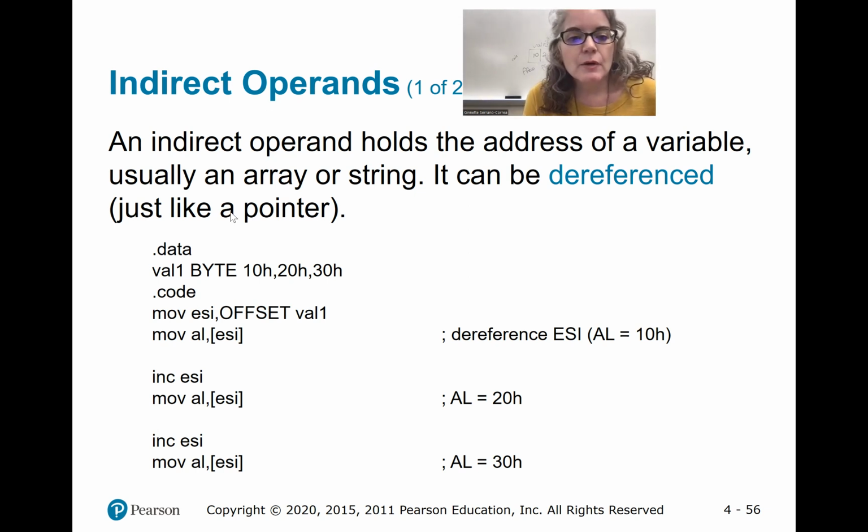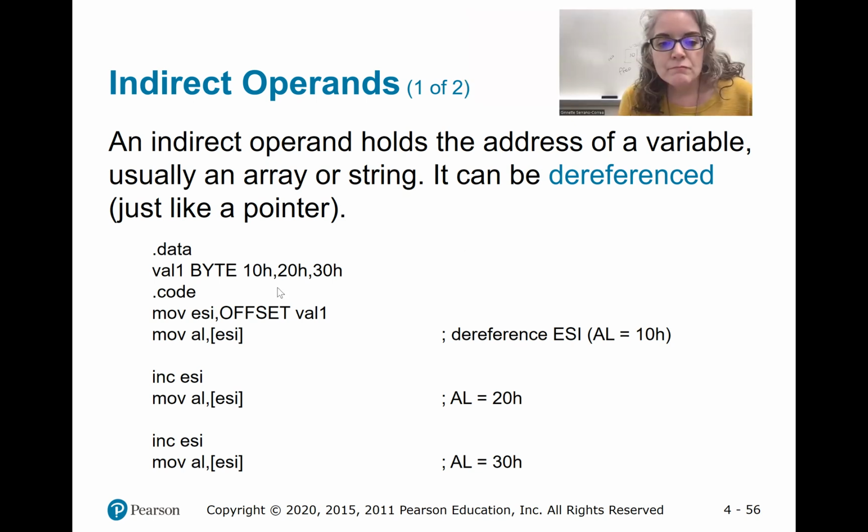So in here, we have offset val1. That means that we're getting the address of where this first byte lives. We're getting the address of this array, and we're moving that address to ESI. Then here, ESI has the address of where val1 lives.